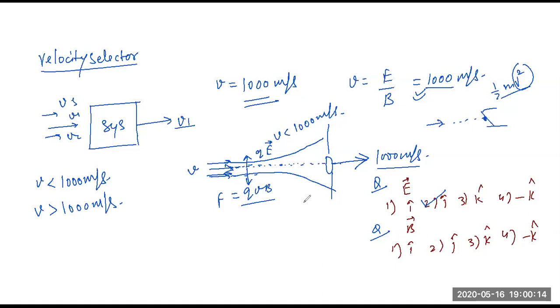Which option is correct? K cap. Very good. Your magnetic field should be in the outward direction. And then when you do V cross B, you'll get the force in the downward direction.